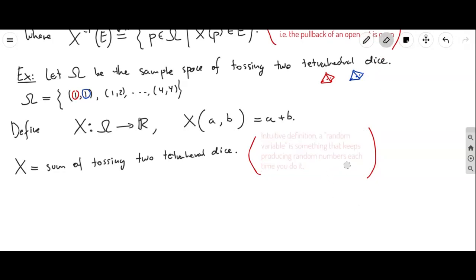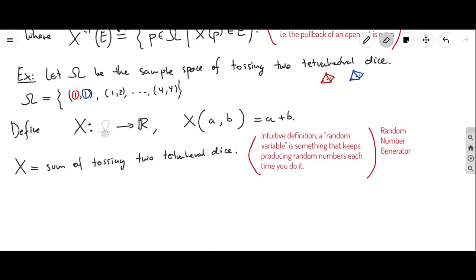Like if you're tossing coins, or going back to our example, when you toss a pair of dice, these are not real numbers, they're pairs of numbers. But when you add them together, now you have a number. You might even call it a random number generator. That's what a random variable is, a way of generating random numbers.